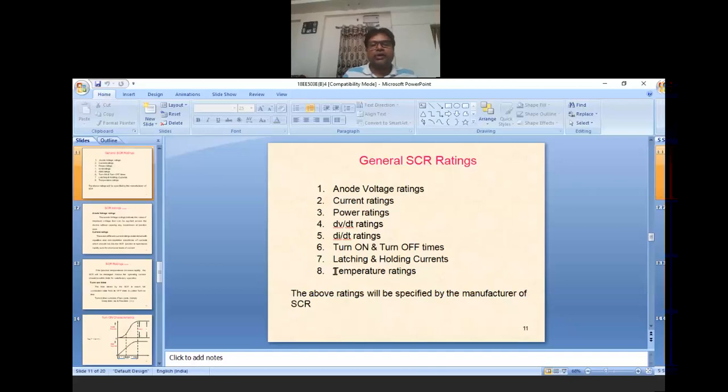So these temperature ratings should be strictly followed. If these are crossed, it gets damaged and it cannot be reused. So the above ratings will be specified by the manufacturer of the SCR, and in tune with that you should be operating the SCR.